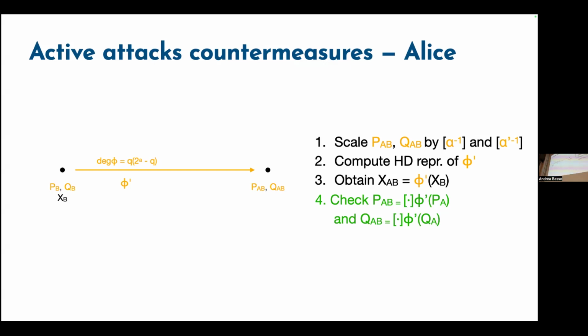And if we want to make it nicer and avoid all sorts of possible attacks, we also need to require that 2^a minus q is prime to prevent simple backtracking attacks. So this gives us a pretty efficient method to validate the isogeny that is used by Alice, because we only need to map a few additional points.